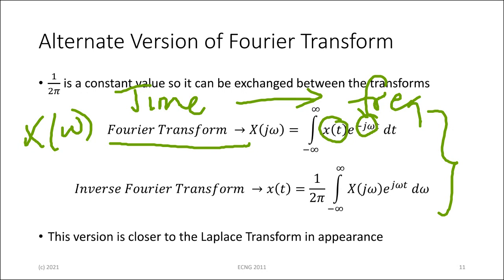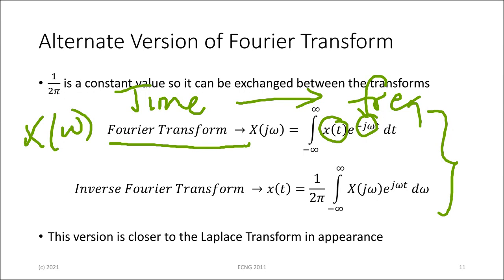Then, if the transform is to be a valid mathematical transform, you have to have a way of going from frequency back to time. This is where the inverse transform comes in, with pretty much the same format as the Laplace transform.